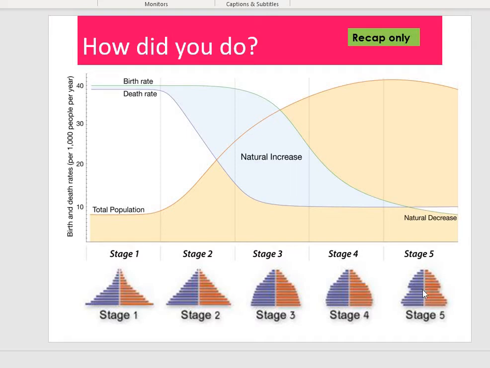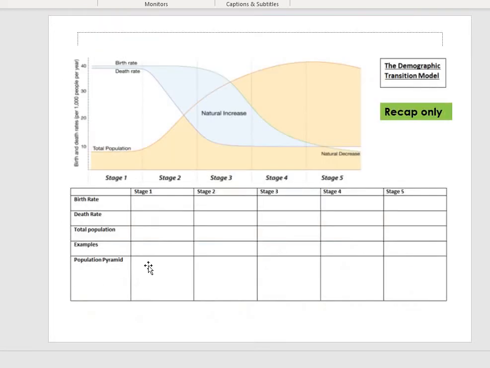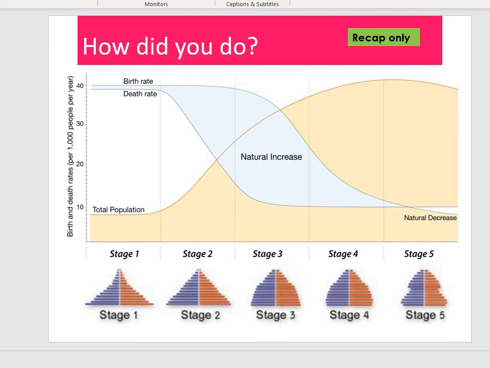Then finally stage 5, where we can see the sides going in really steeply, showing a natural decrease, and a really wide top because our death rate is again so low and we're getting lots of people living to an old age. So make sure that on your table you have sketched in those population pyramids correctly, so you know how the shape matches up to the stage.